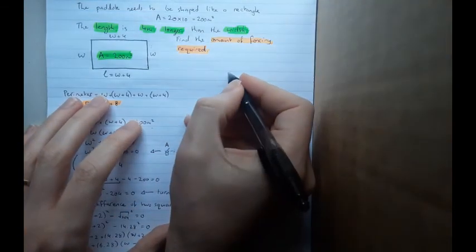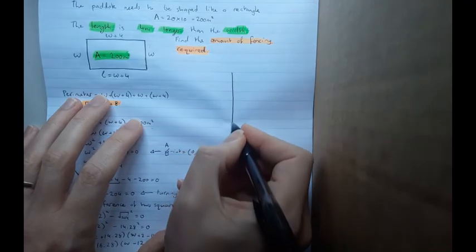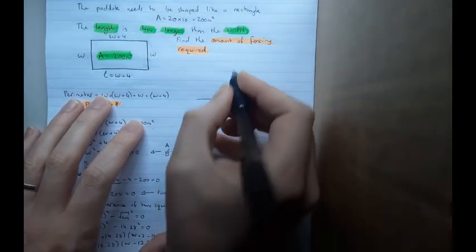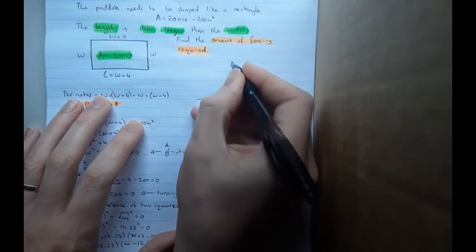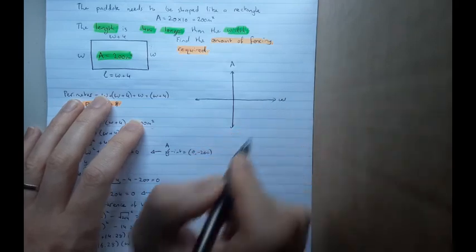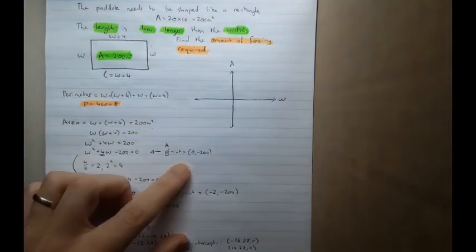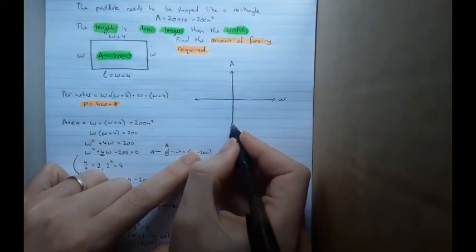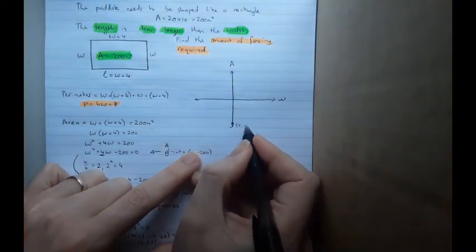So let's draw our graph. And area is our y-axis and width is our x-axis. So we've got our intercept is 0, negative 200. That's way down here. 0, negative 200.